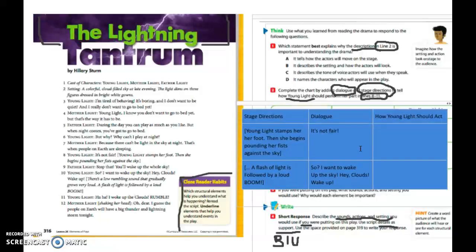Next is the stage direction in lines 8 through 11 when it says, a flash of light is followed by a loud boom. Dialogue: So, I want to wake up the sky. Hey, clouds, wake up! If you were the actress playing that part, how should you act during that scene? I'd like you to take a minute and think about that and write it in the box below.